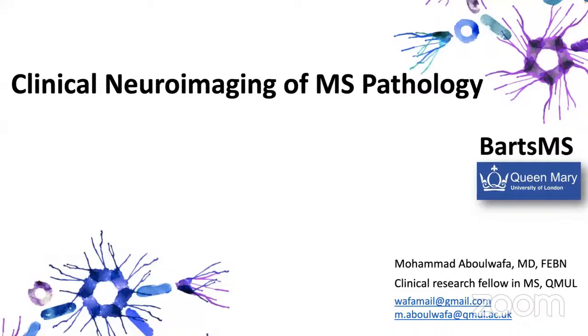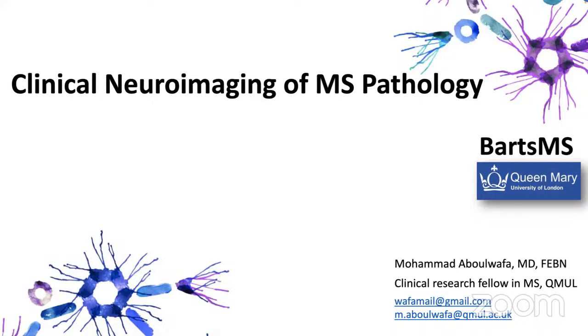Mainly in clinical practice, but somehow also in the advanced MRI techniques and the imaging research that you might come across as you try to develop your skills in MS practice and MS knowledge, broadly speaking.